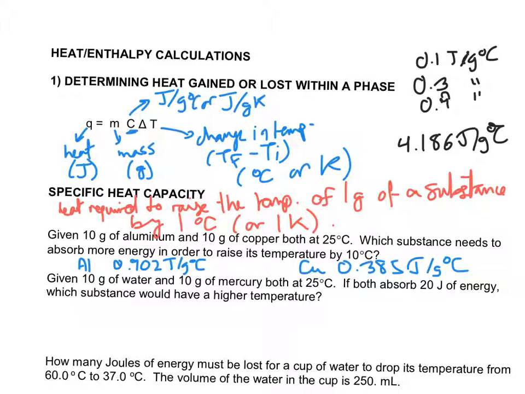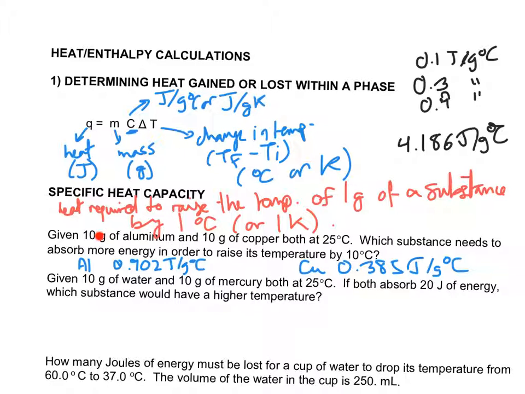So we need about 0.4 joules for every gram to raise copper by 1 Celsius. For aluminum, we need 0.9 joules for every gram to raise it by 1 degree Celsius. So which one would absorb more energy to raise its temperature by the same amount? Well, you would need to absorb more energy with the aluminum.